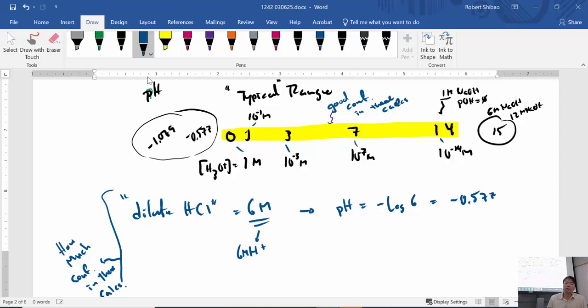Why? Is it like if the number gets too high, there's more rounding error? Not more rounding error. Rounding error afflicts us everywhere, whether it's low concentration or high concentration.